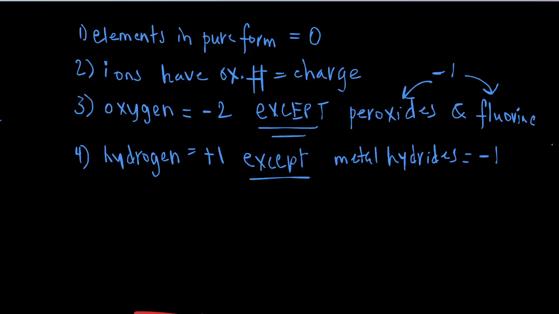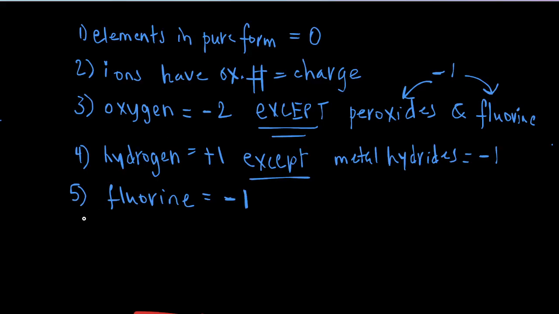The next rule to keep in mind, number 5, is fluorine. We're looking at fluorine, again, not in its pure form, but when fluorine is incorporated in a compound, it is always going to have an oxidation number of -1. There are no exceptions to this rule, so it's pretty straightforward. When you look at a fluorine in a compound, the oxidation number is going to be -1.